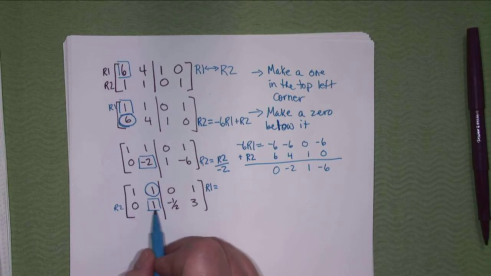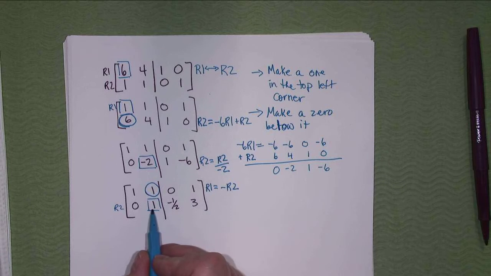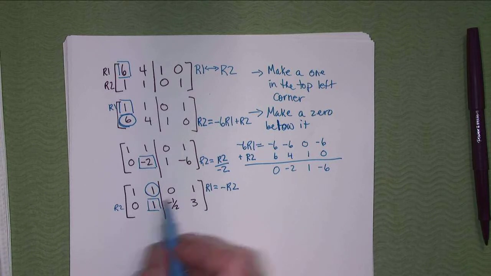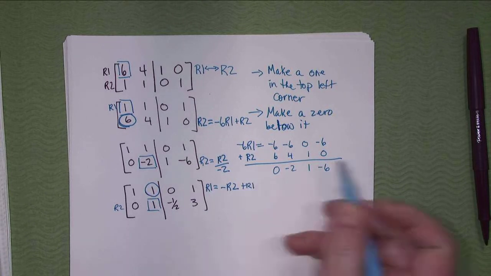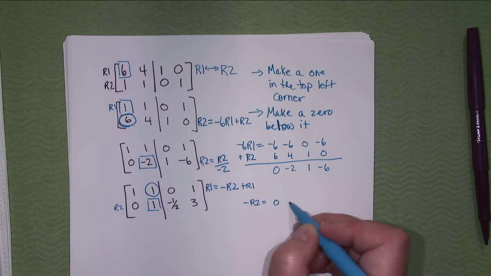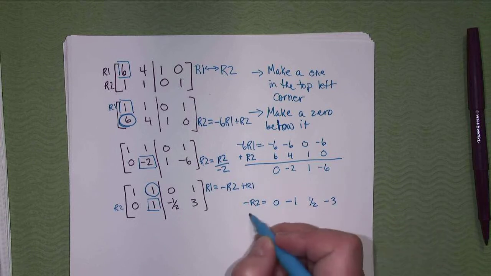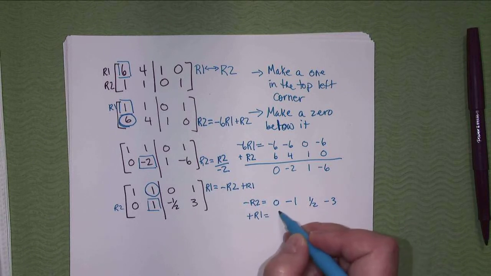So you multiply that row by the opposite sign so that when you add them it becomes a 0, plus row 1. So negative row 2 is just changing the signs. Add it to row 1. And this will be our new row 1.